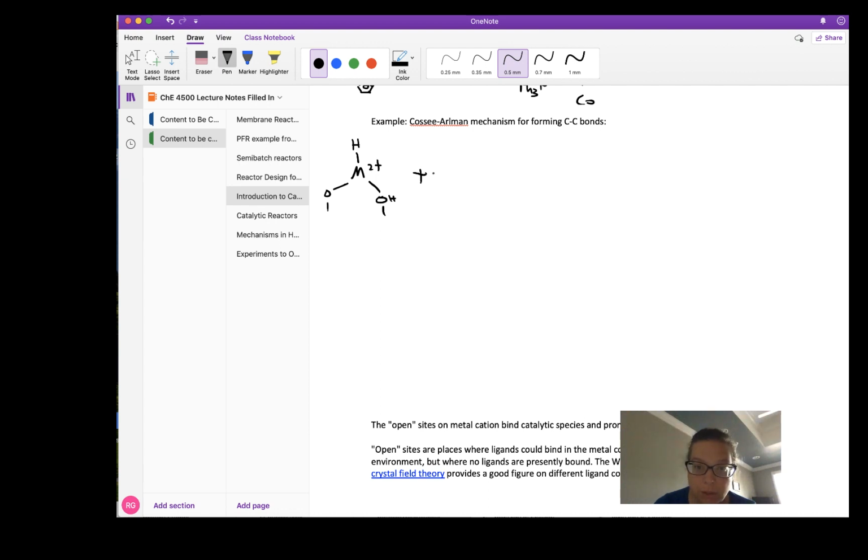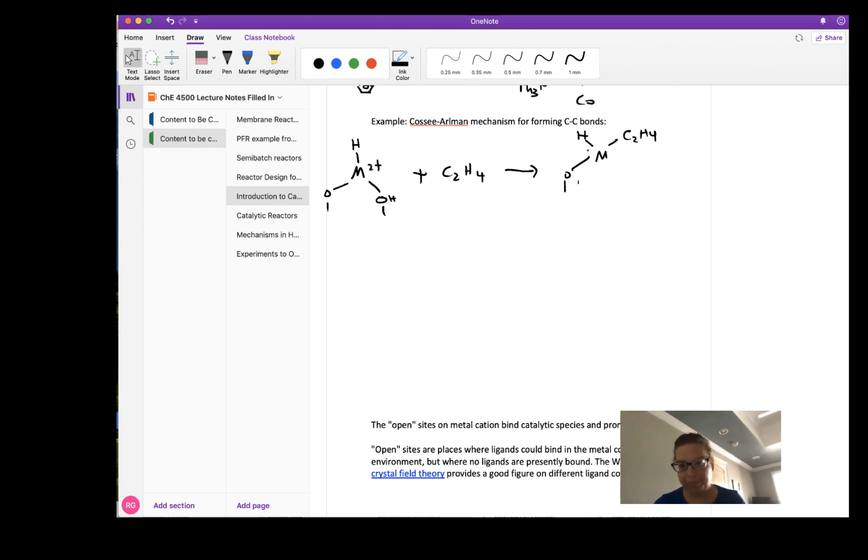What this will do is form carbon-carbon bonds for alkene complexes. The first thing that happens is the alkene adsorbs to this metal cation. And actually I'm going to get rid of the 2 plus because it's going to get hard to keep track of in drawing this.